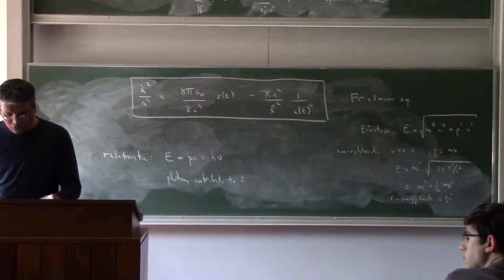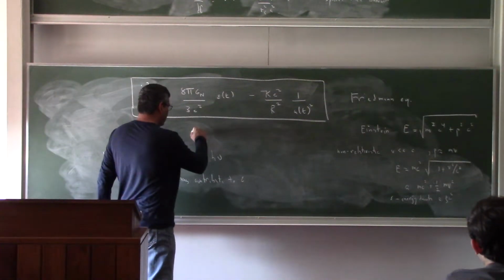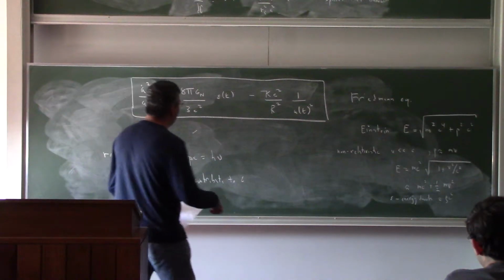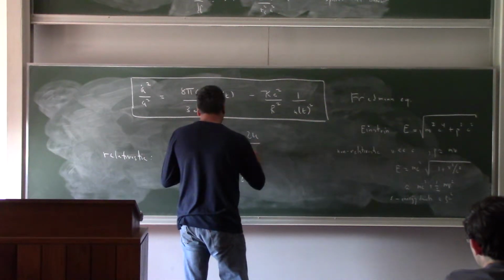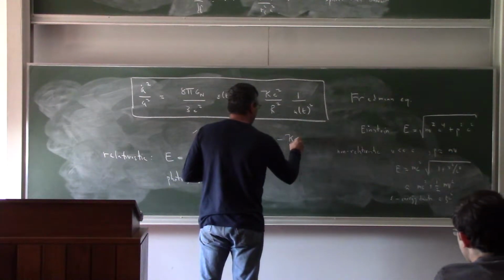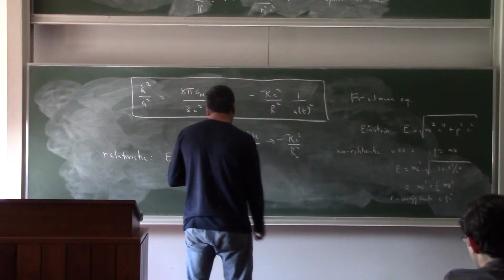Okay, so we notice the first term of the Friedmann equation matched the fake Friedmann equation. But the second term, we set 2u over R squared to minus kappa c squared over R0 squared.